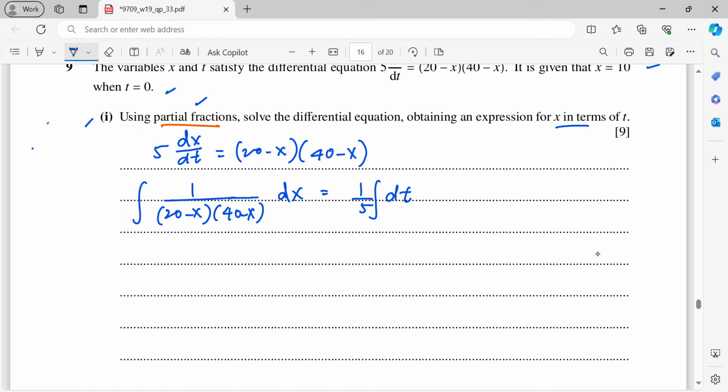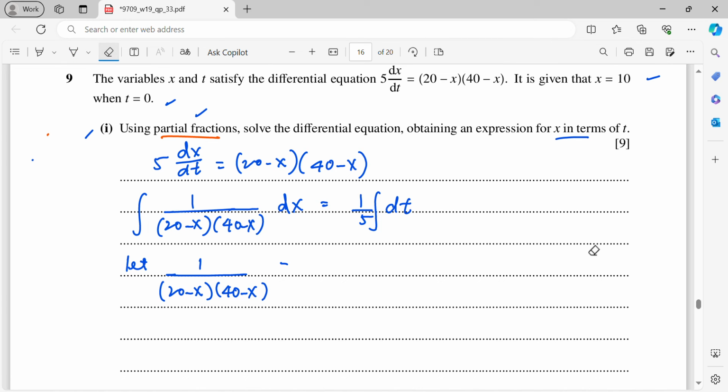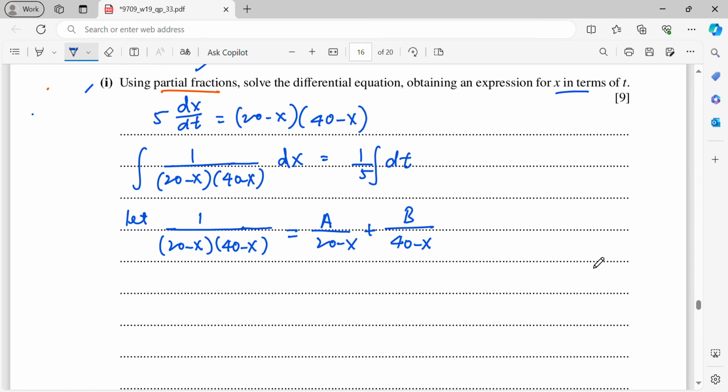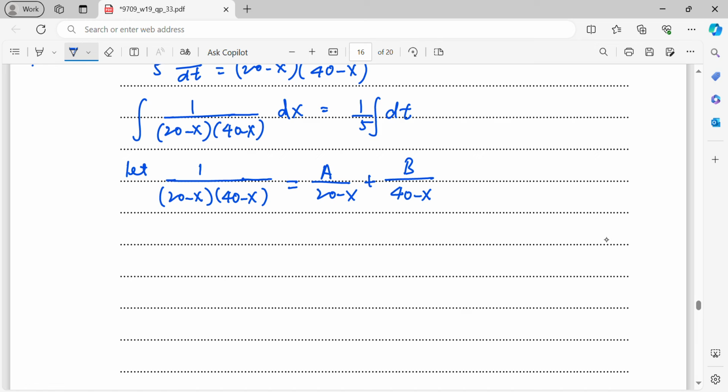Right, so from here, I will write, let 1 over 20 minus x times 40 minus x equal a over 20 minus x, because you are given a proper rational function, plus b over 40 minus x. Then to get the same denominator, I will multiply the first rational function by 40 minus x over the same term.